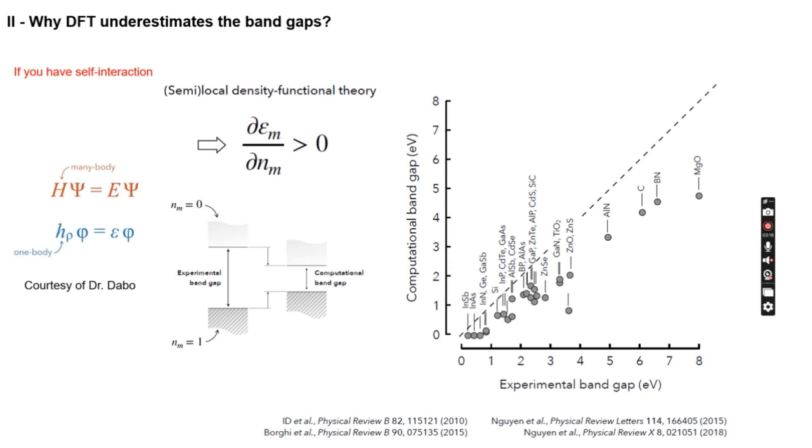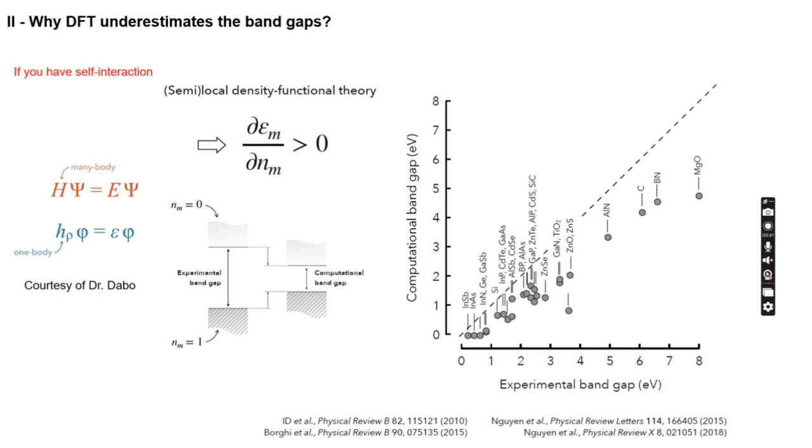Now, how is this connected to the band gap problem? If the function of the energy is convex due to the self-interaction, we get the first derivative of the energy of the orbital with respect to the orbital occupation to be larger than 0. This means that as you occupy an orbital, its energy is going to increase.